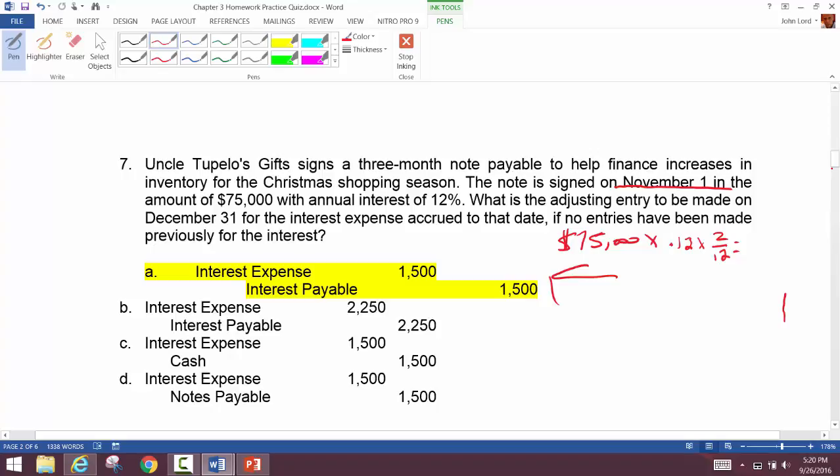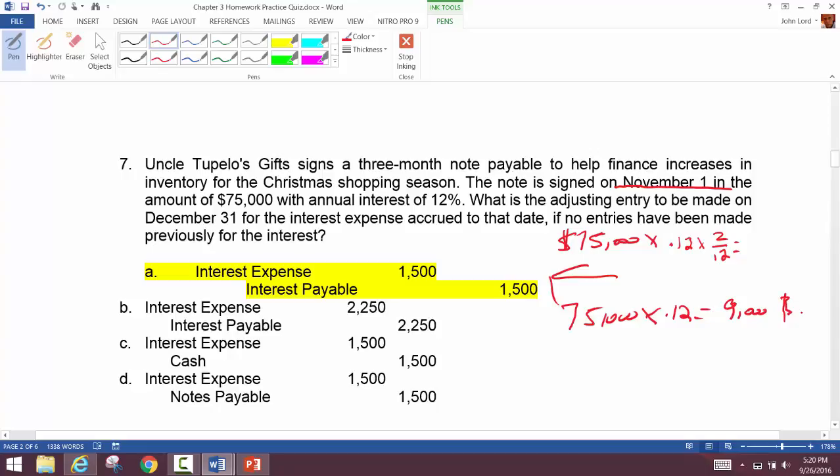How much interest am I going to owe the guy? You could take 75,000 times 0.12 equals what? $9,000 interest for the full 12 months of that note. We're just playing with this, guys, and assuming it's 12 months.